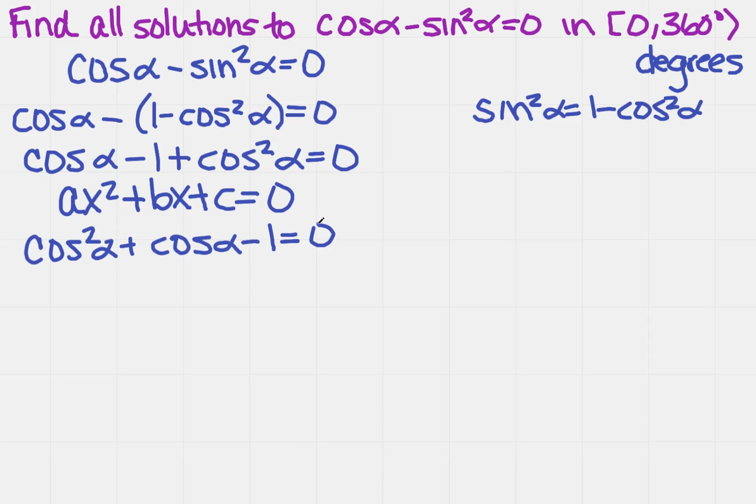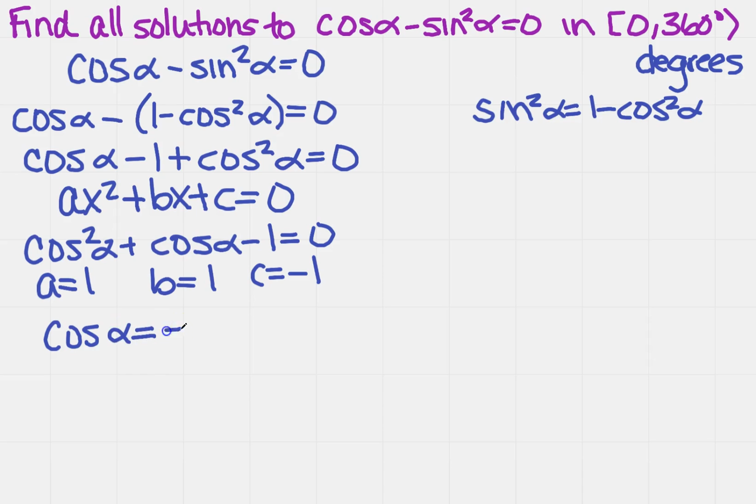Now I can see what a, b, and c are. a and b are both 1, so a equals 1, b equals 1, and c equals minus 1. It's not so bad because we don't have to do anything with the cosine now. All we have to do is remember that instead of x, the unknown is cosine alpha. So let's go ahead and do that. Cosine of alpha equals, now what is the quadratic formula?